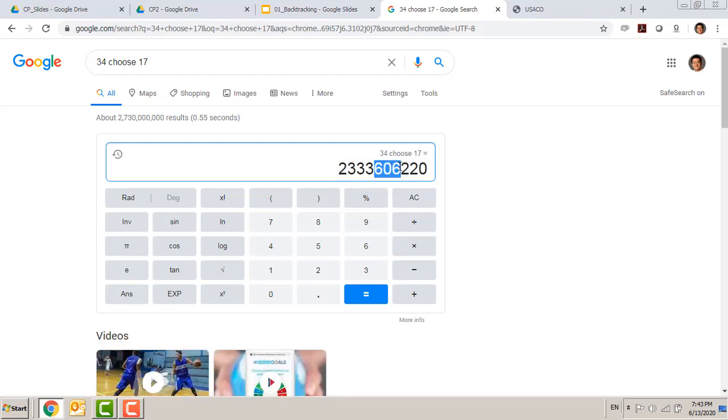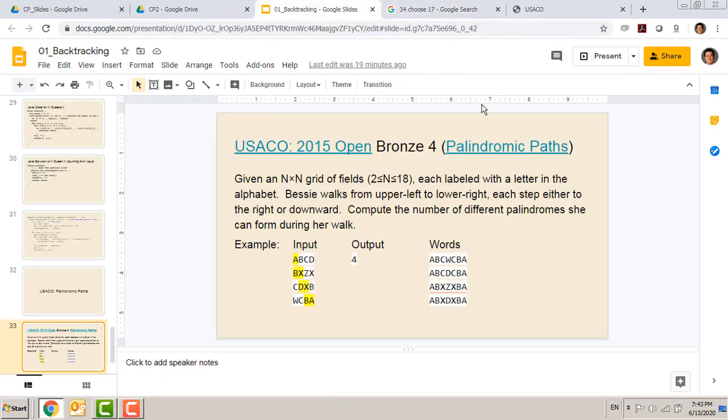Okay, so that is 2 times 10 to the 9. That's more than we can handle in a few seconds, because we have to do a non-trivial amount of computation for each of the paths. So that's not going to be fast enough.